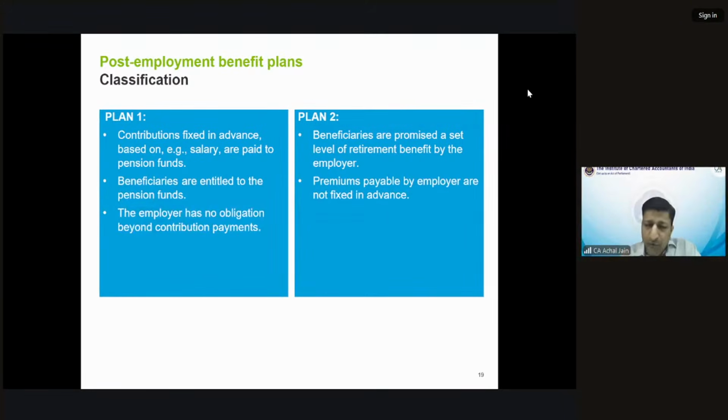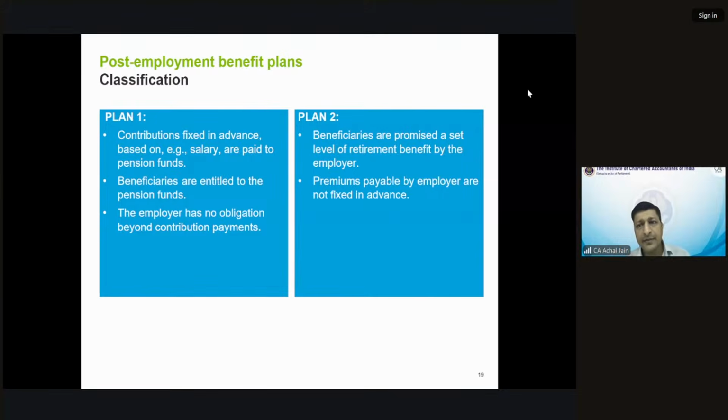I'm not talking about keeping aside certain funds. I'm saying, will the employer be required to recognize a liability each year? Yes, sir, it has to. So that means liability will always be there each year. That's the first point you need to understand.